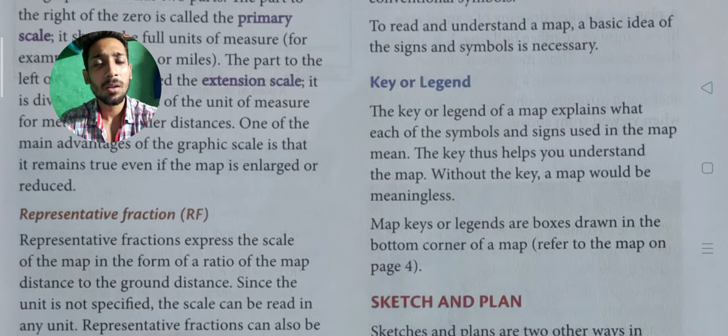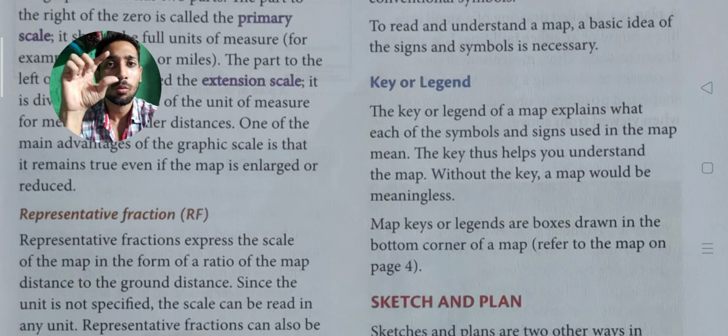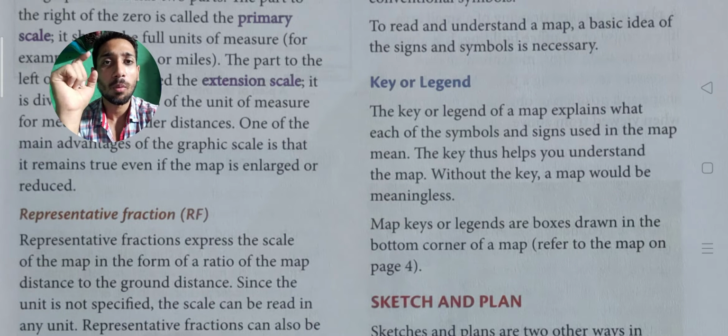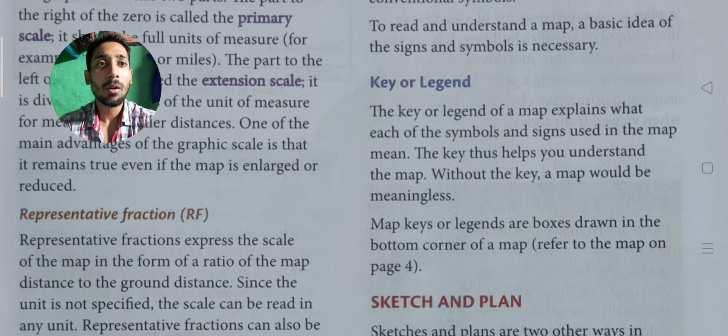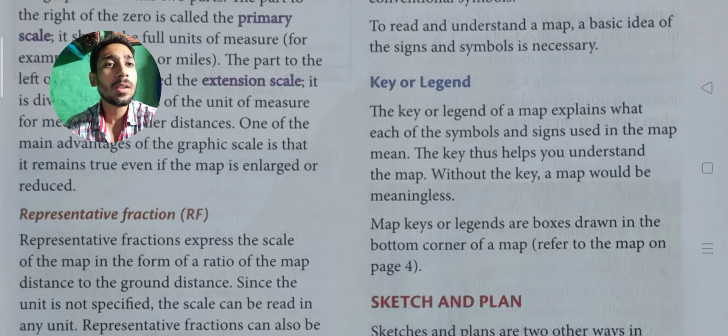We have used symbols and signs on the map, but how can the viewers or readers come to know the meaning of each sign? By using a small legend, which is placed just beside the map in a small box, where we put every kind of information along with the signs and symbols. It helps you to understand the map.